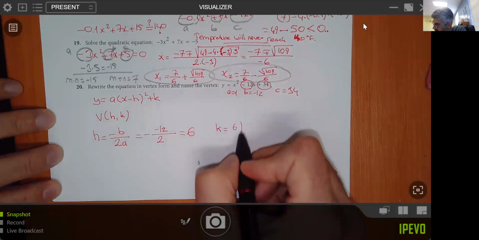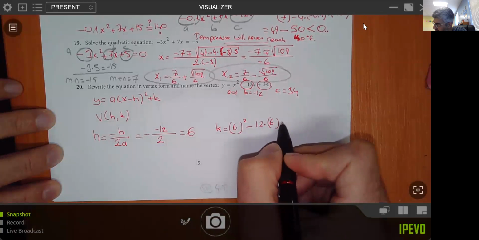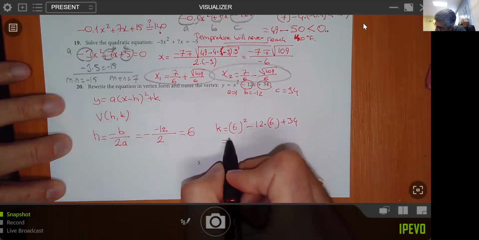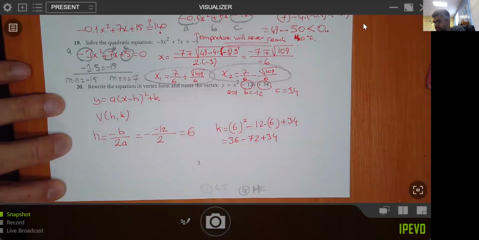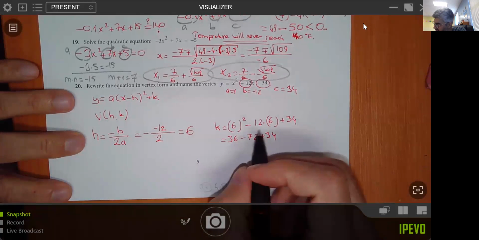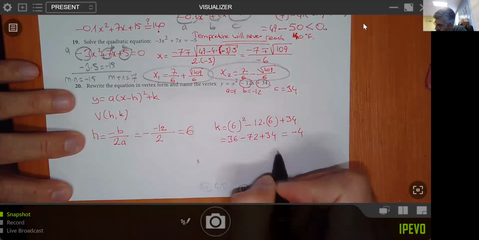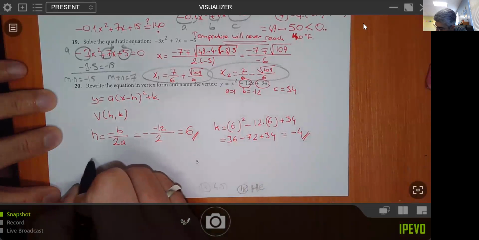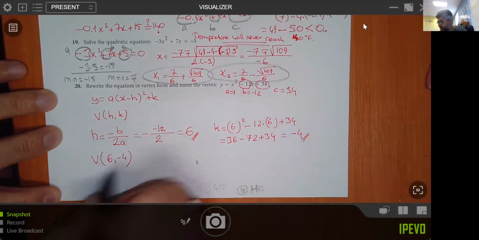So that is 6 squared minus 12 times 6 plus 34. Well, it is 36 minus 72 plus 34. We have big numbers, but the result is good. It's 68 minus 72, which is minus 4. Okay, so we have h, we have k. So the vertex point is h, k: 6, negative 4.